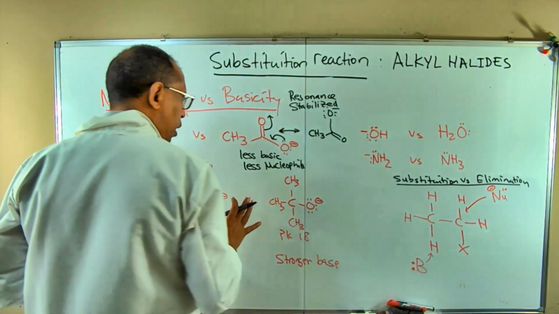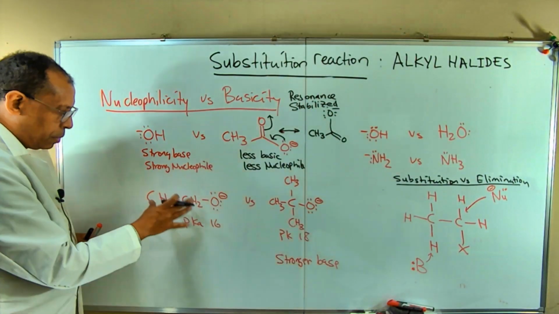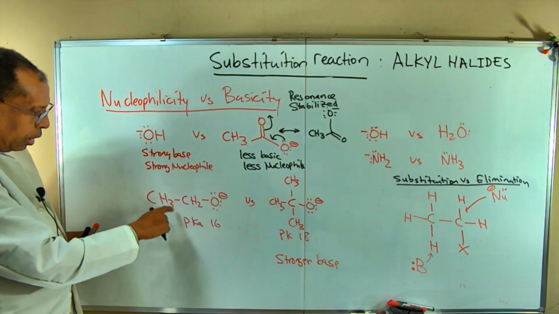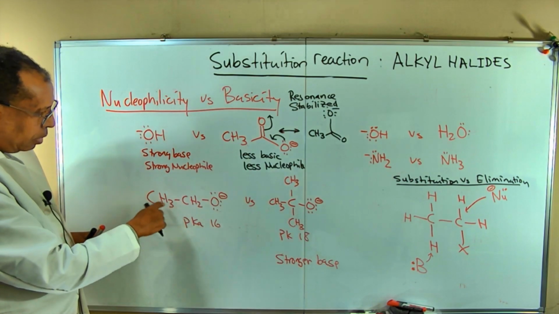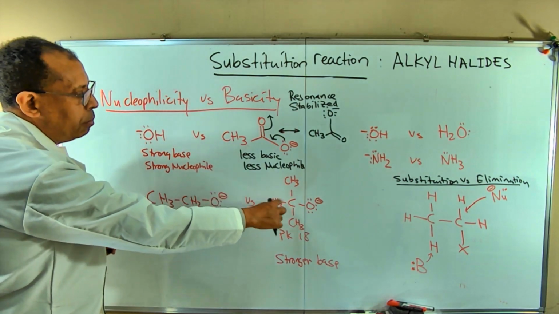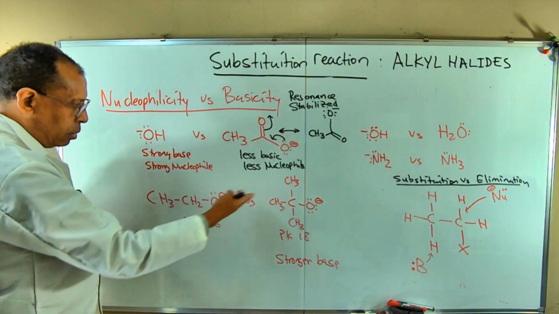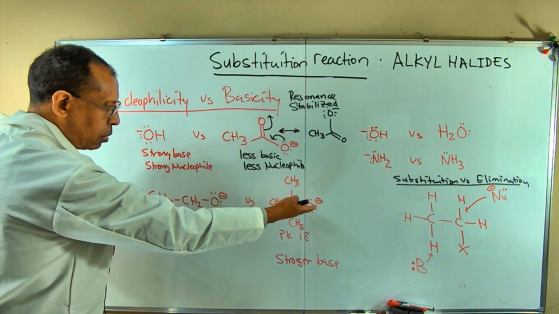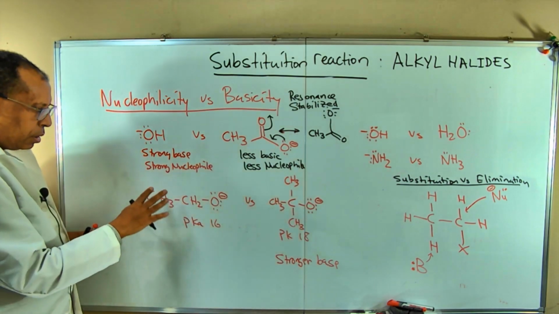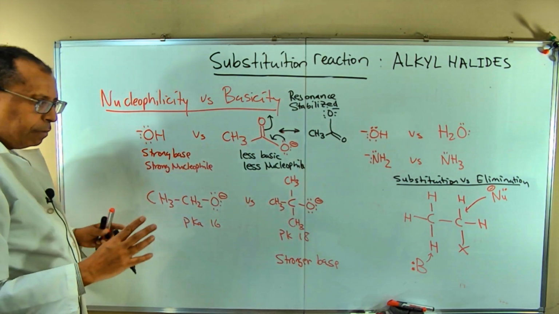Okay, let me also show you here. Here you have an ethoxide. Here you have a tert-butoxide anion. Both are nucleophilic, as you see. They have lone pairs of electrons, but there is a slight difference.